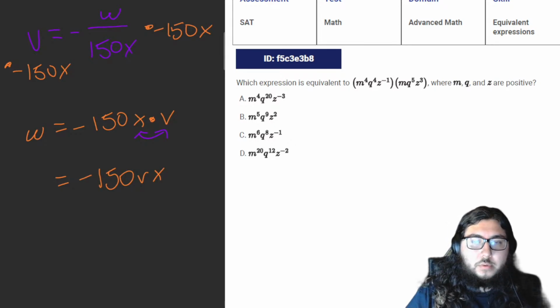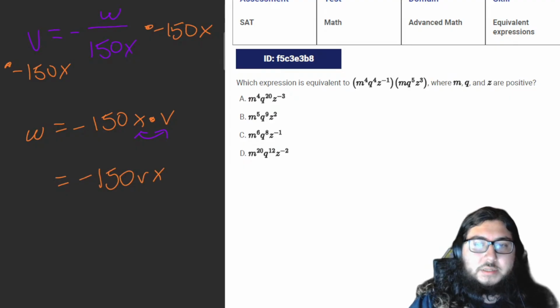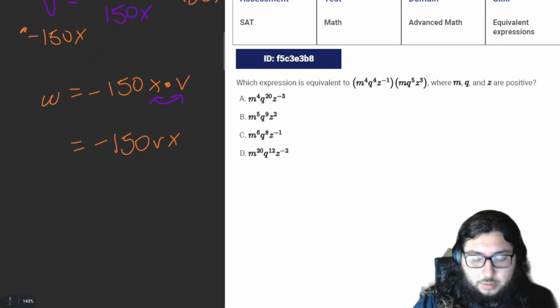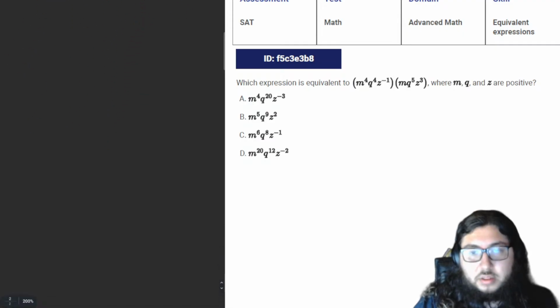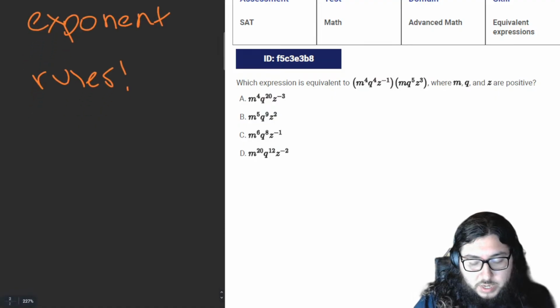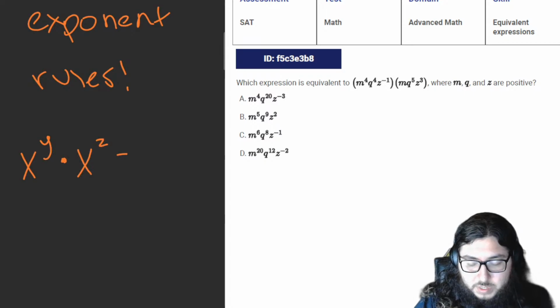All right, now where were we? Which expression is equivalent to this expression on the screen where m, q, and z are positive. So this takes knowledge of exponent rules. So if you're not familiar with exponent rules, we have that x to the power of y times x to the power of z is equal to x to the power of y plus z.